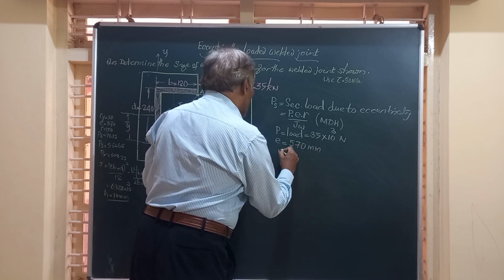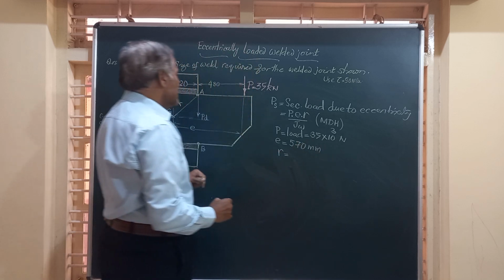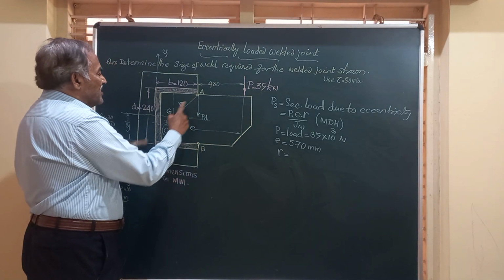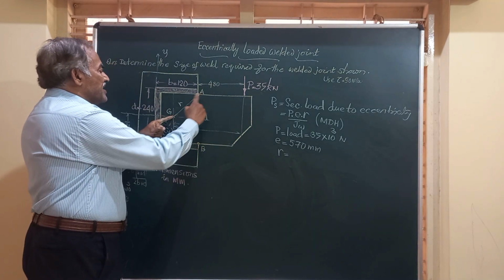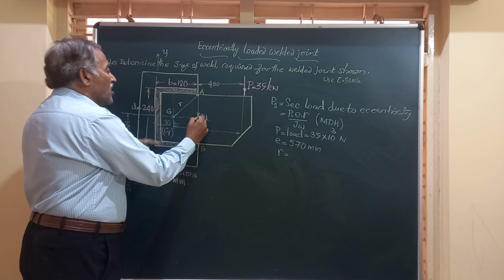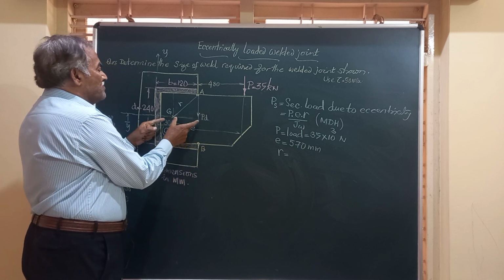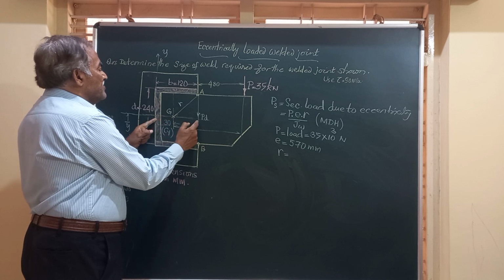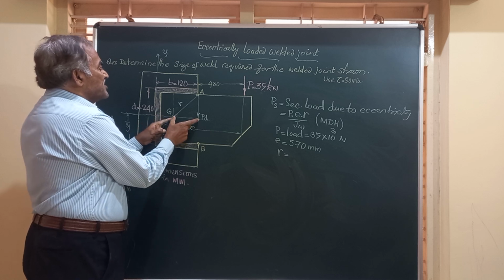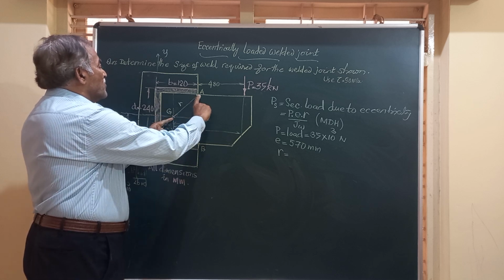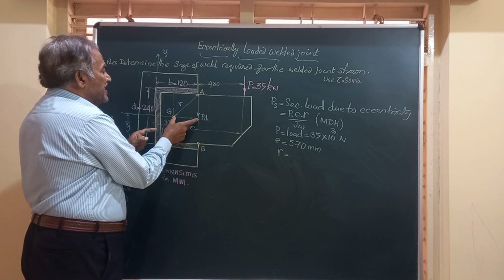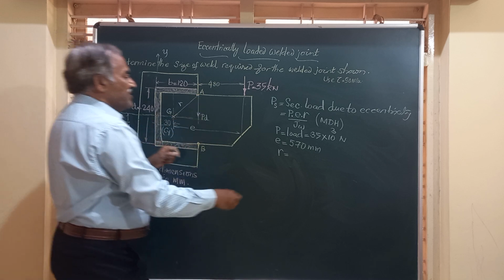Next comes R. R is the distance of the farthest end, that is A, the distance GA. How to calculate GA, friends? We know this value. This is 120 minus 30, so this is 90, and this is 120.